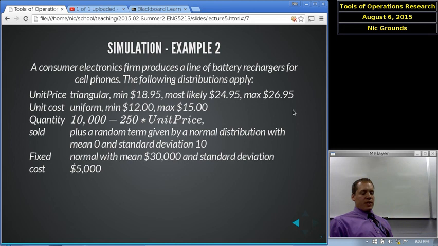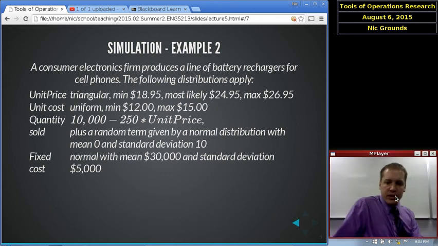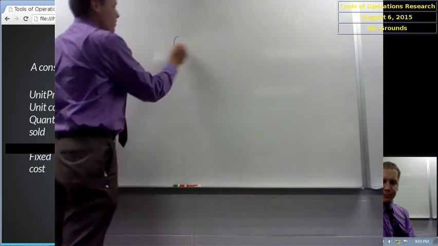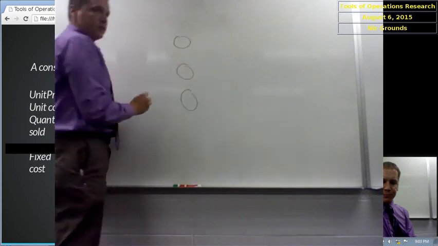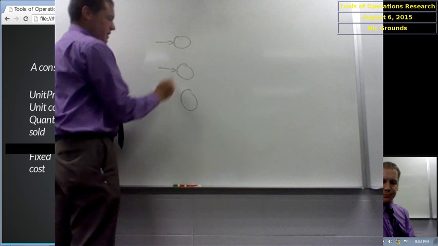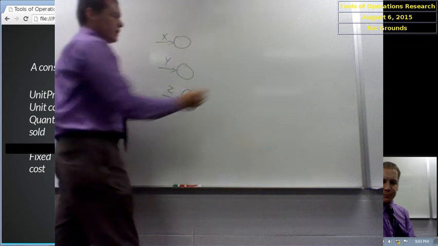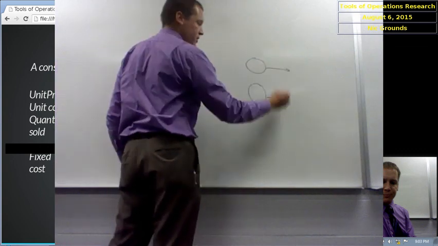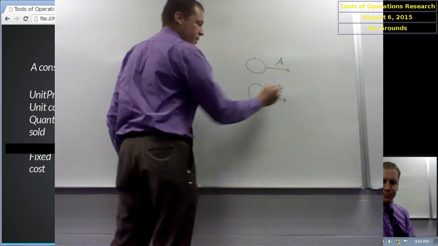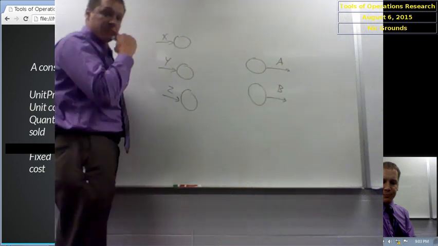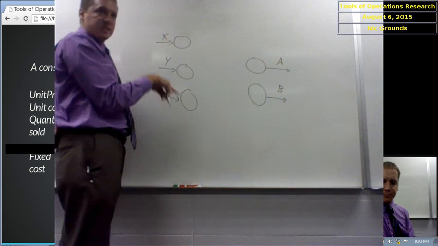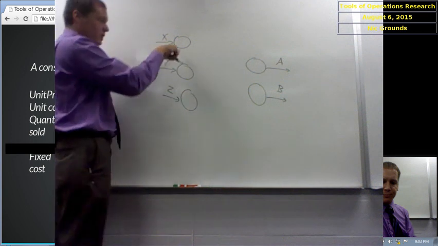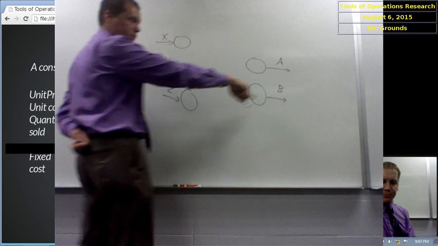Just to give a quick example, if you had 3 sources and each one had a capacity, say X, Y, and Z, and you had 2 destinations that each had a requirement, say A and B, then you could visually represent that much information like this. Okay, so remember, you have your source bubbles, you have your destination bubbles.